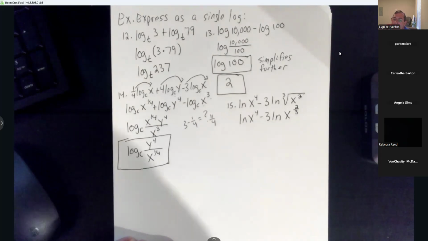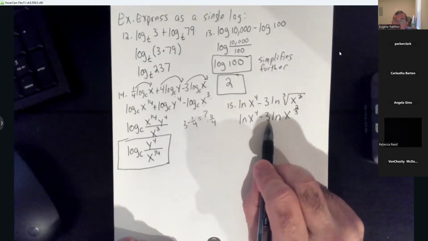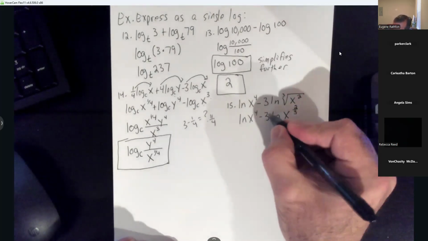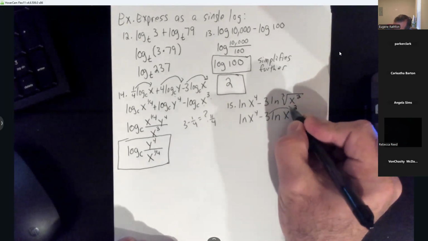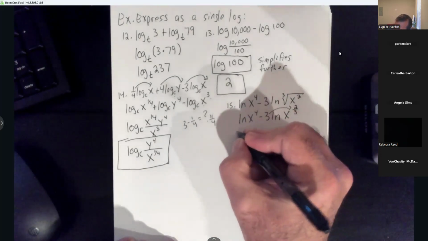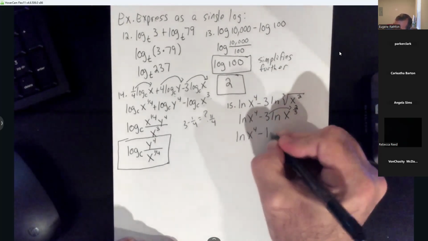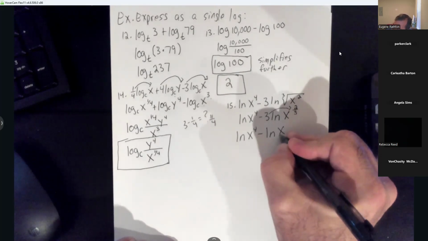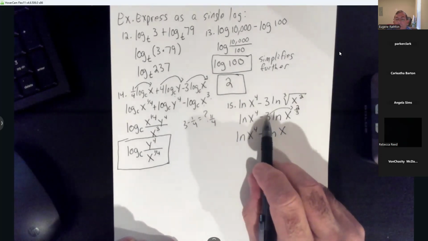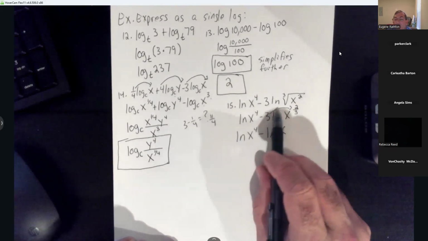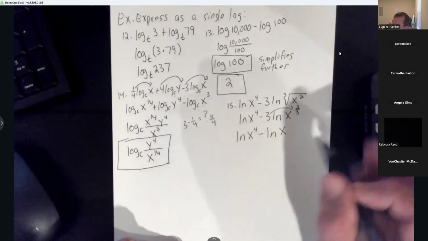All right, y'all. So my first move, since this 3 is down in front, we need to move this 3 back up. So bring down your ln of x to the fourth minus ln of x. So y'all, when this exponent comes back up, it's going to multiply by the exponent already there.